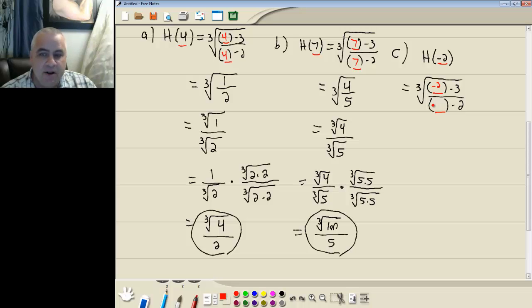So we'll put a negative 2 in there and negative 2 in there. So the cube root, negative 2 minus 3 is negative 5. And down below we got negative 2 and negative 2 is negative 4. Now negative divided by negative is positive, so this becomes 5/4.